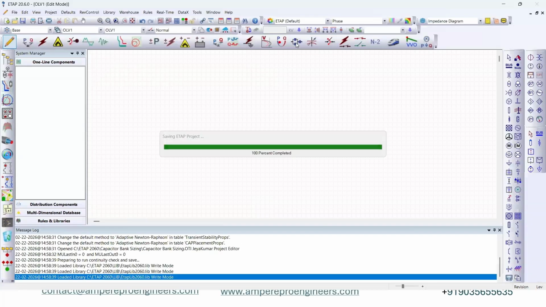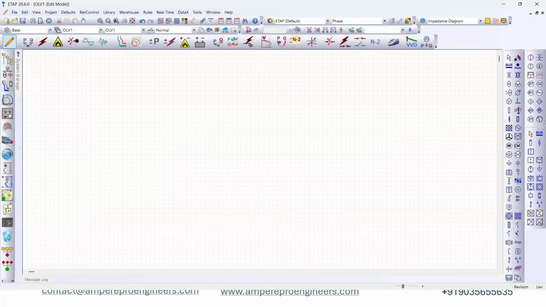We'll try to look into how this works, and why it is of so much concern. To do that, I'll add certain buses here, for simplicity.